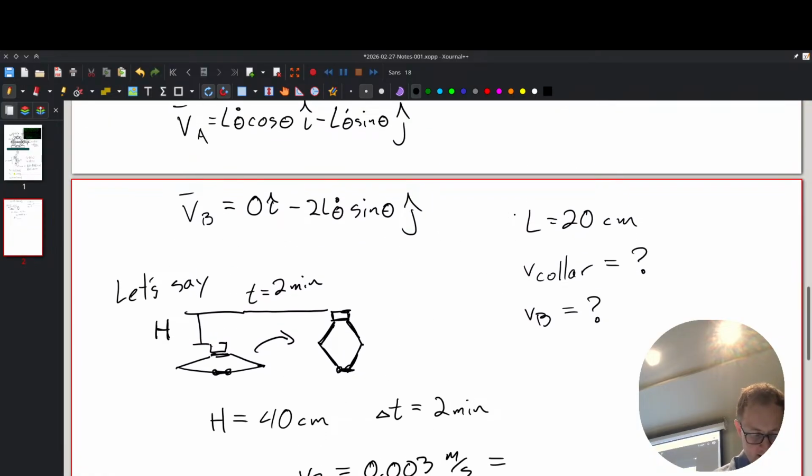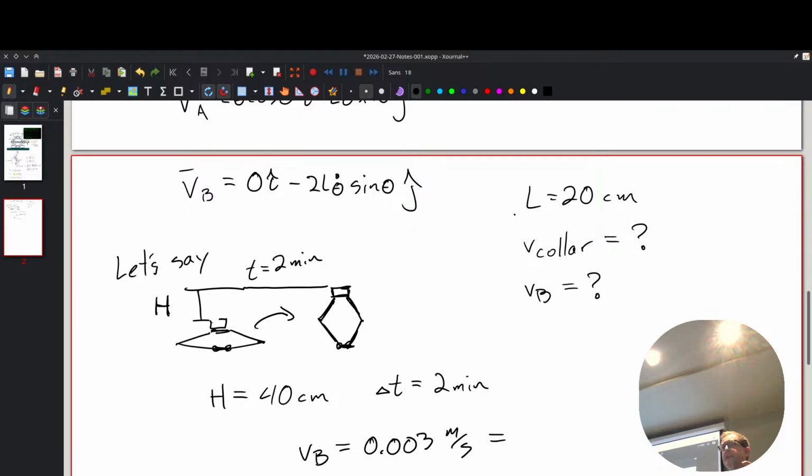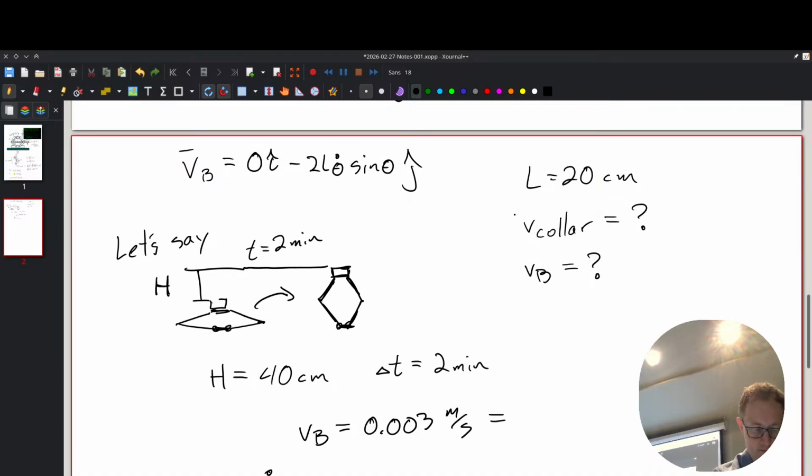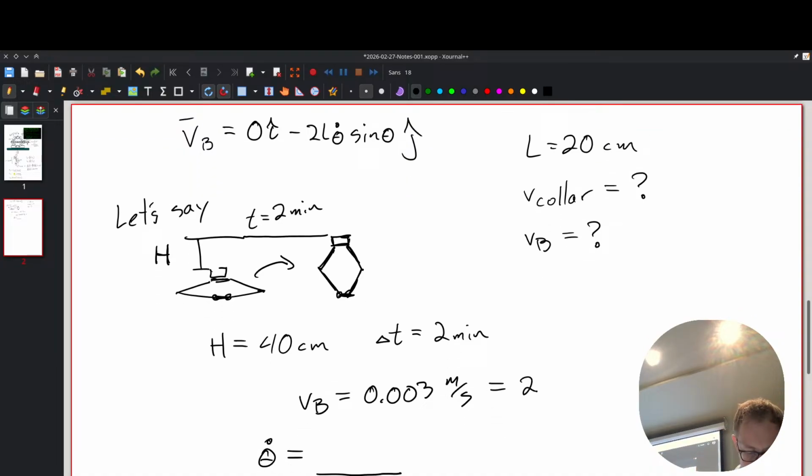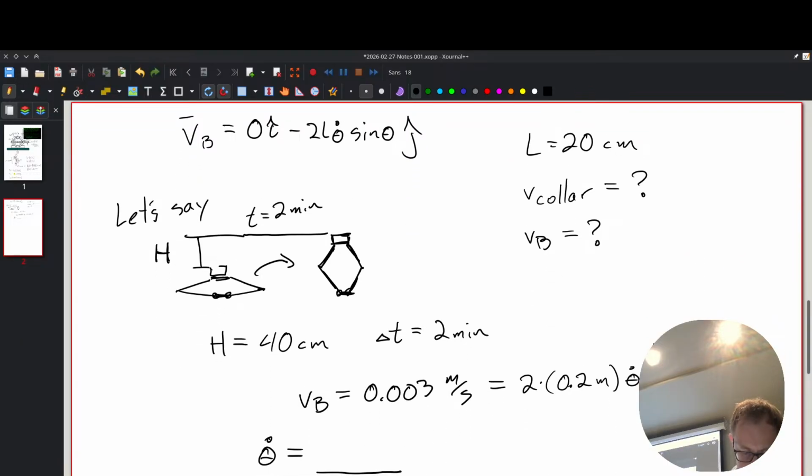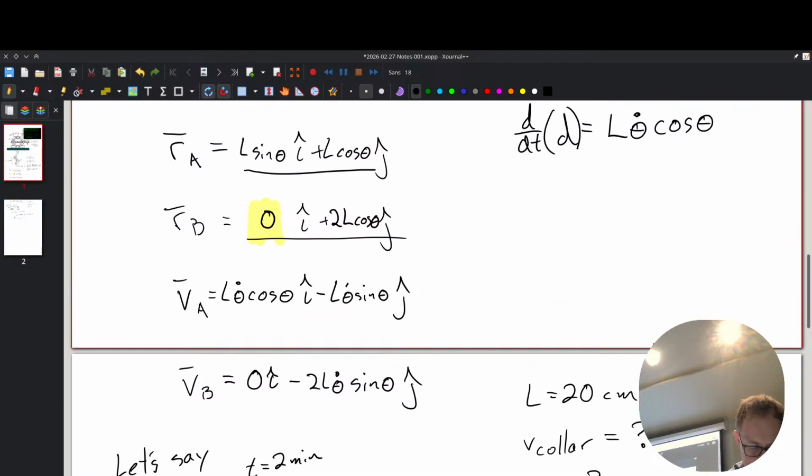So we know this magnitude that we just figured out, how fast the car is going. There's only one component for VB. 2 times 0.2 and then cosine?